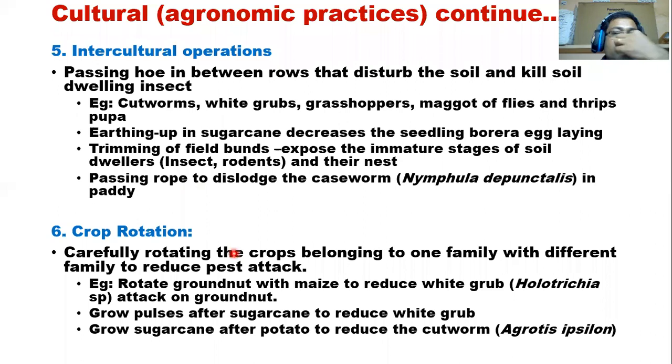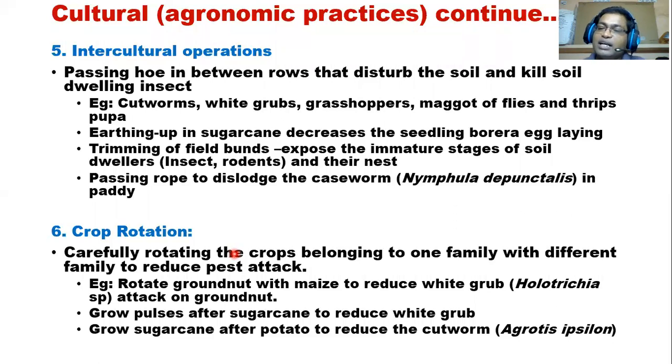The sixth one is crop rotation. Crop rotation is a very good agricultural practice. You can minimize pests very efficiently, more than diseases, because some pests are monophagous. They can eat only one crop. Some pests are polyphagous. Some pests are host specific.